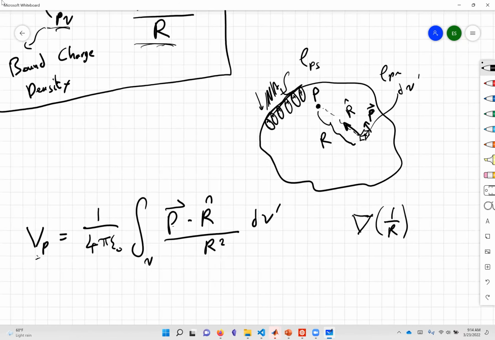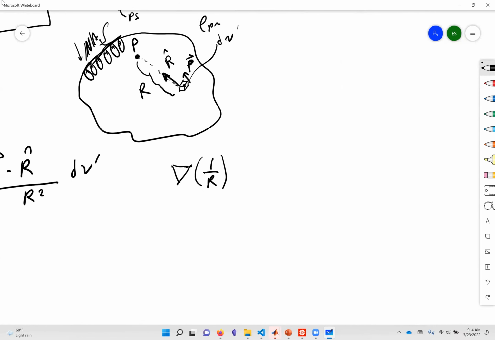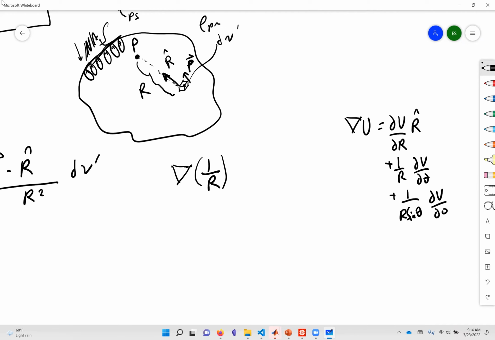Let me just review the gradient of a scalar field U in spherical coordinates: dU over dR, R hat, plus 1 over R dU over d theta, plus 1 over R sine theta dU over d phi.